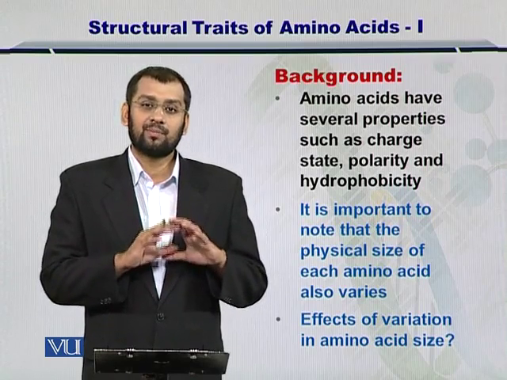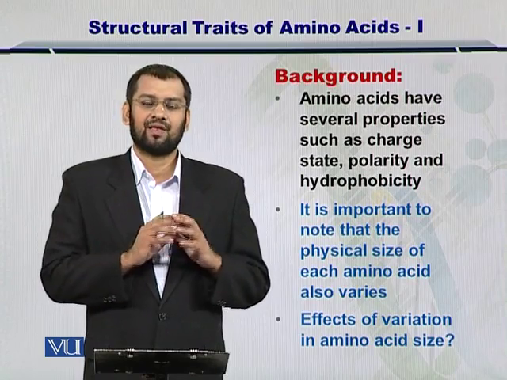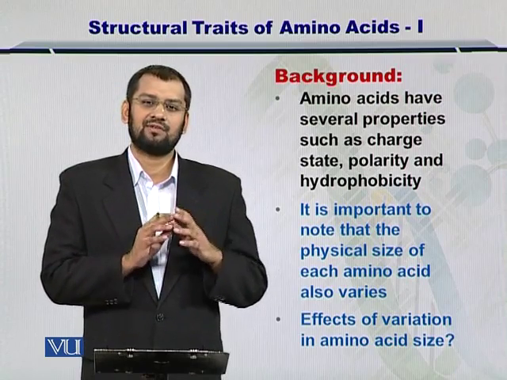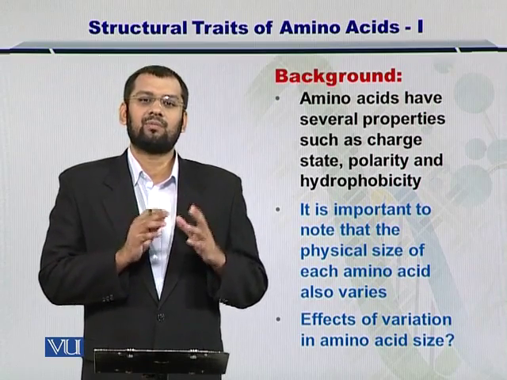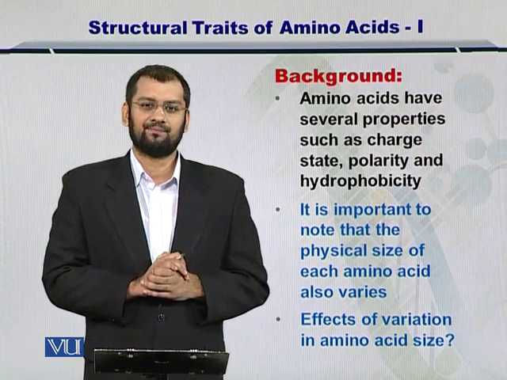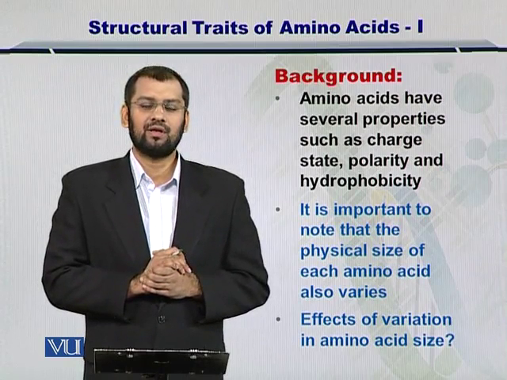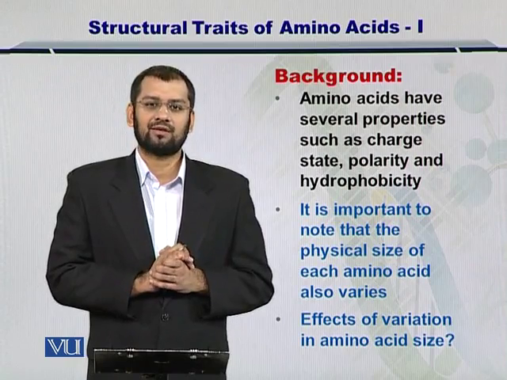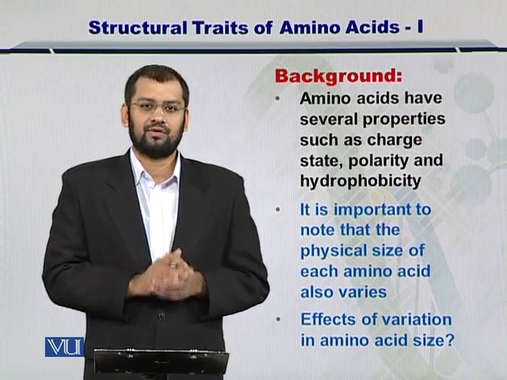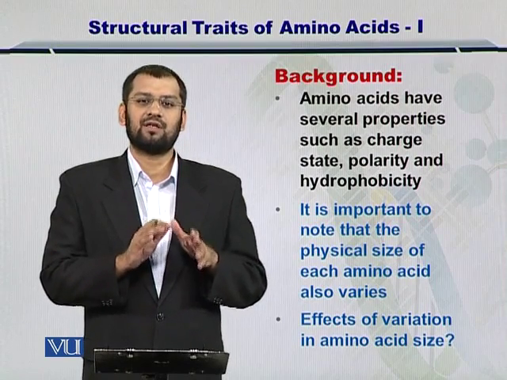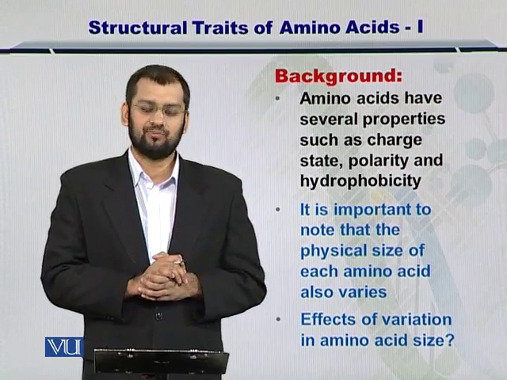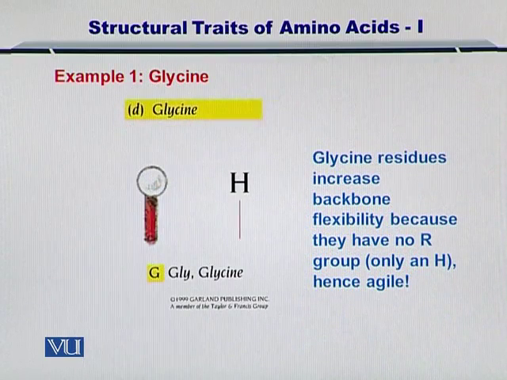Moreover, what are the properties of these structures? How can these properties be translated into the overall property of a folded protein? These are very important aspects to look at, and these will really help us in structuring the overall protein form. Let's take an example.